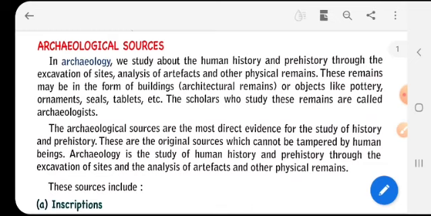These are the original sources which cannot be tampered with by human beings, nor destroyed by animals or anyone. So, archaeology is the study of human history and prehistory through the excavation of sites and the analysis of artifacts and other physical remains. These archaeological surveys give us the study of human history and their prehistory also.